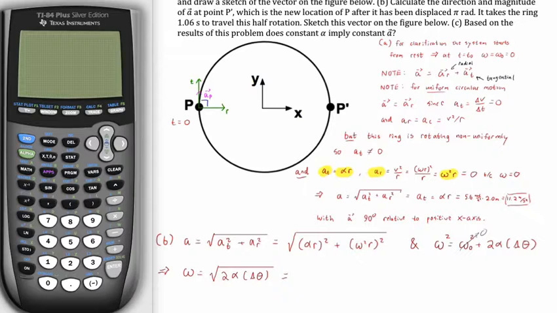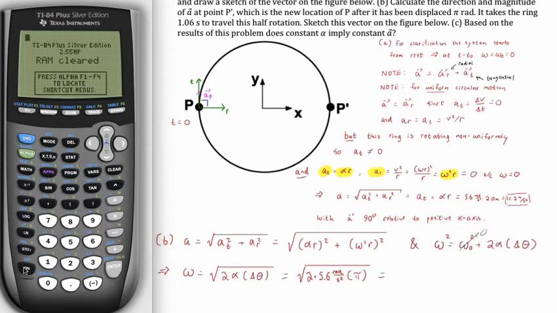And we'll go ahead and find a value for that. So it's going to be 2 times 5.6 radians per second squared times pi. Looks good. All right, let's go ahead and calculate that.